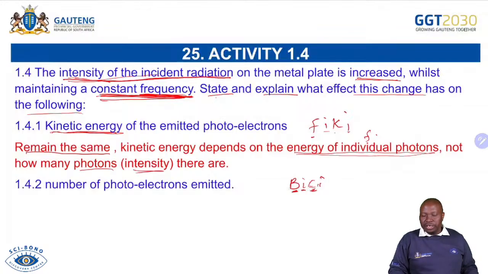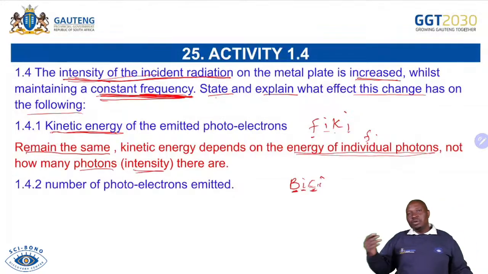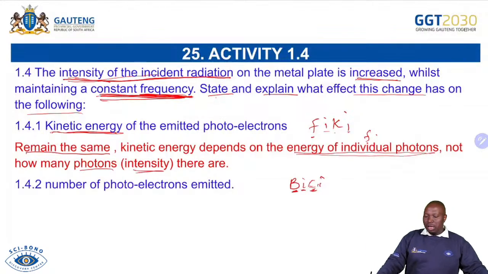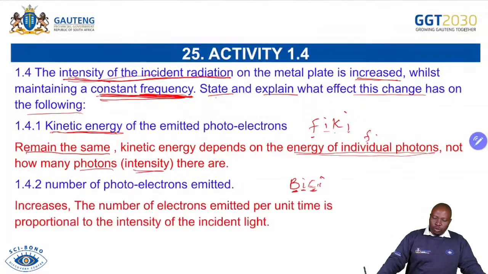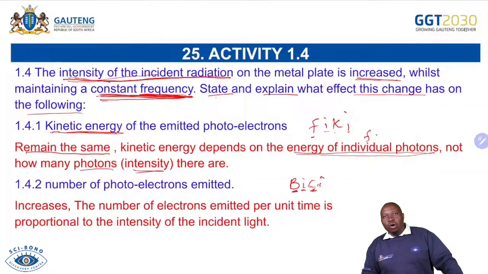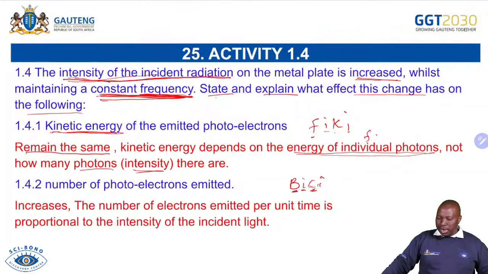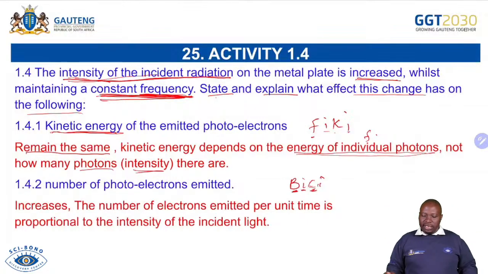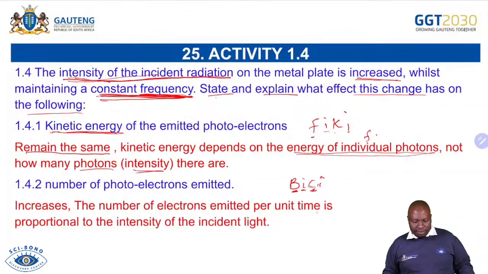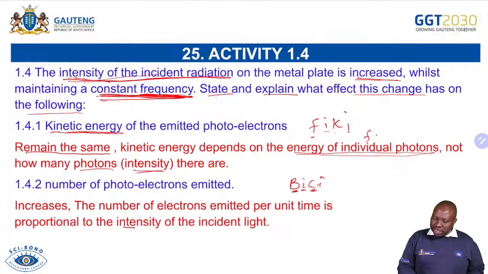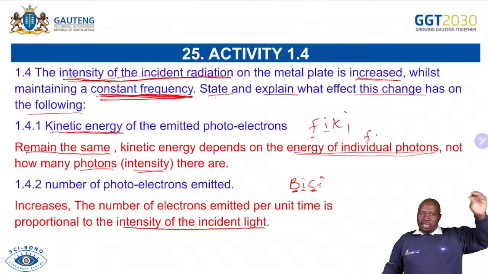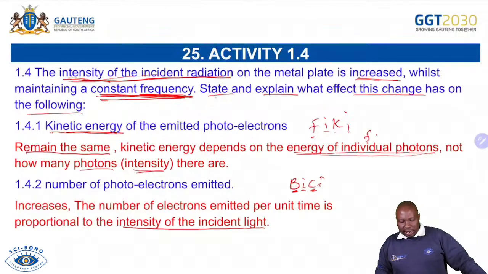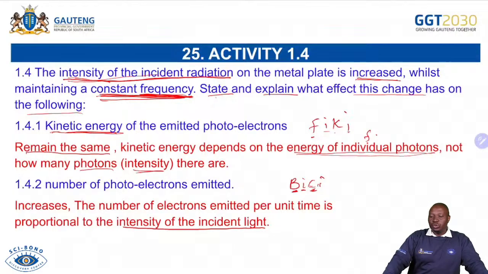The number of photoelectrons emitted will increase, because when we increase intensity, we increase the current. You can respond and say the number of photoelectrons emitted will increase, because the number of electrons emitted per unit time is proportional to the intensity of the incident light. So when we increase the incident light, we are increasing the number of photoelectrons emitted per unit time.